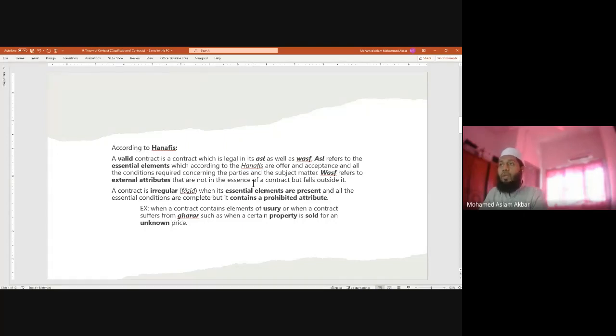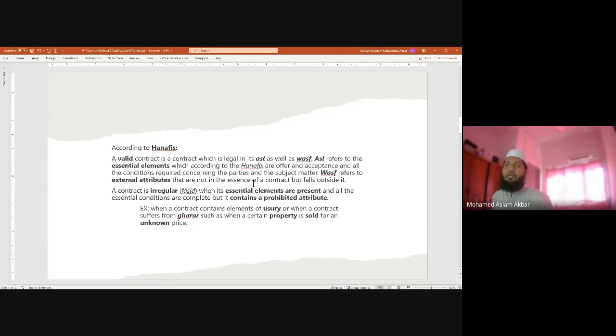So this wasaf is not offer or acceptance. It is not something that comes into the legal capacity. Other than the offer and acceptance, whatever comes outside them, external attributes, might be called wasaf.